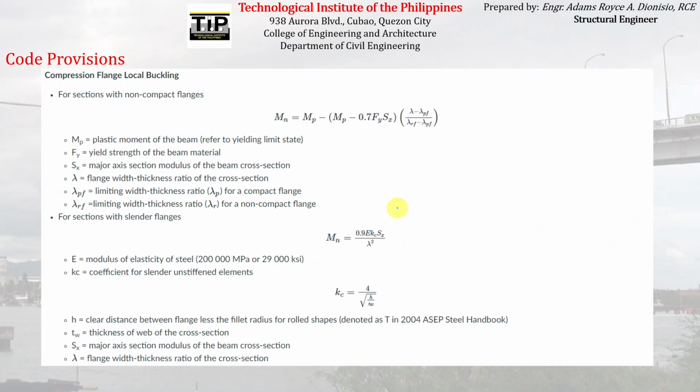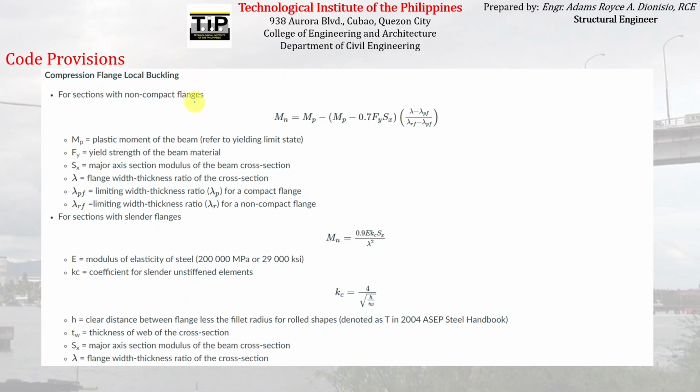For checking of compression flange local buckling, these are the corresponding capacities of the beam that is critical with respect to compression flange local buckling.